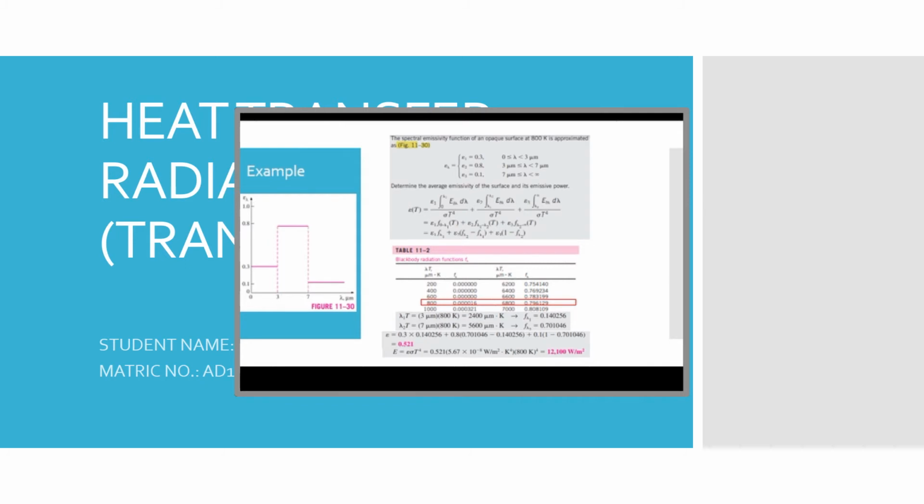These functions are determined from table 11.2, where λ1T equals 2400 micrometer Kelvin and λ2T equals 5600 micrometer Kelvin, and the first radiation function equals 0.140256 and the second radiation function equals 0.701046.